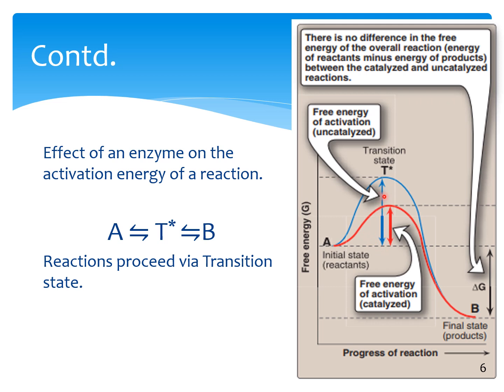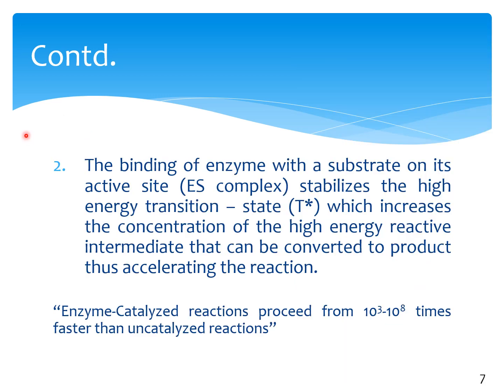Because of this decrease in free energy of activation, the progress of reaction is speeded and proceeds toward the right side. The second perspective of the mechanism is when enzyme binds with the substrate, it makes enzyme substrate complex.